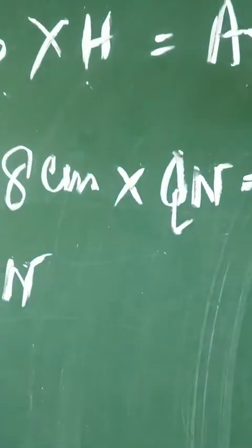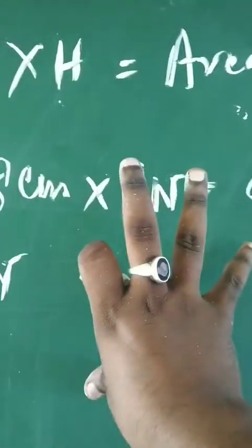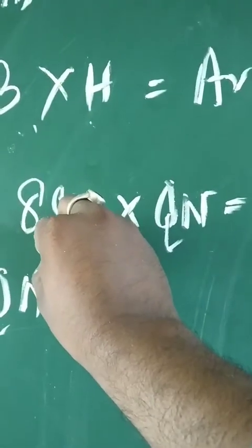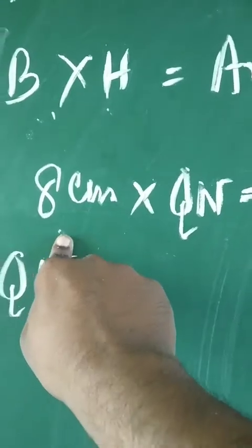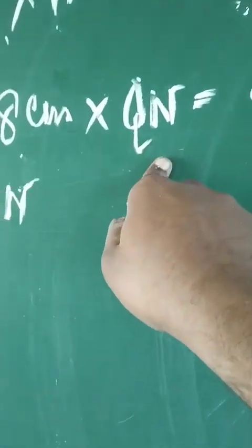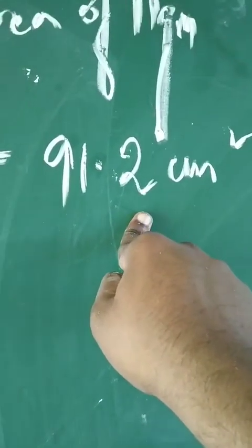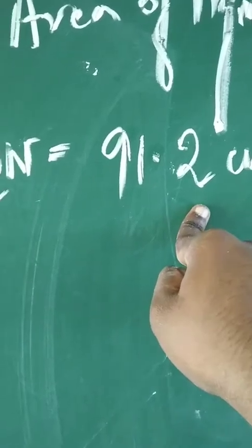In this question, the base is PS, measuring 8 centimeter. The height is unknown, that is QN, let it be as it is. And the area we had already received, that is 91.2 centimeters square.